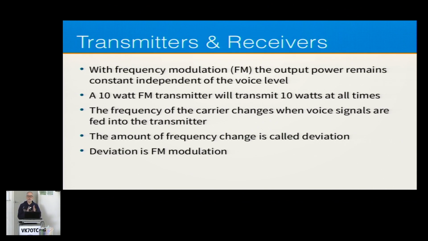There are limits which are specified by your class license, and you don't have to worry too much about this because the transmitter that you use will keep you within certain limits. But you think about it, if it deviates too much, it could actually take you outside the band. But your transmitter in most cases will keep you within the band. But you need to know that FM modulation is deviation.